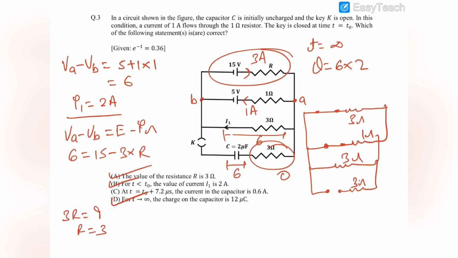So you can see that 3 and 3 are in parallel to each other, and in fact this 3 and this 3 is in parallel to each other, so it would be 3 by 2 and 3 by 2 and 1 is also in parallel to each other, so the combination would be 3 by 5, and 3 by 5 and 3 are in series with each other, so 3 by 5 plus 3 is 18 by 5.